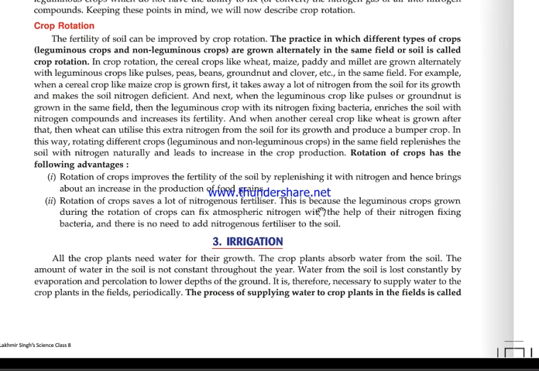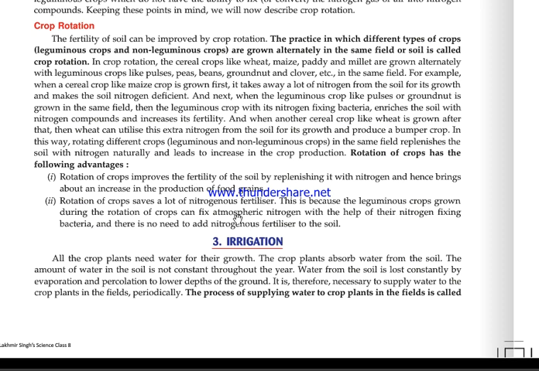Now, see, this is for irrigation. First of all, what is irrigation? The process of supplying water to crop plants.